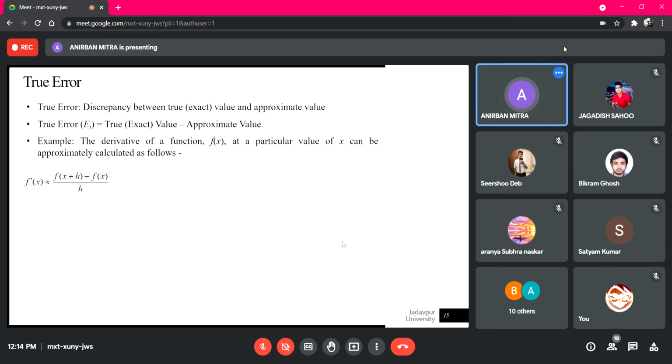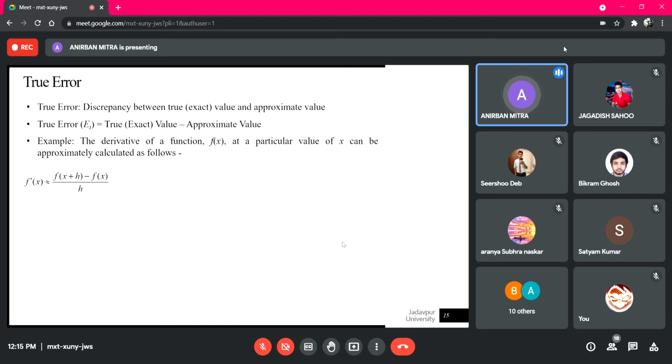In this example, we are considering the derivative of a function at a particular value of x. As already mentioned in a few slides before now, f dash x, that is the first derivative, can be approximated by f of x plus h minus f of x divided by h.